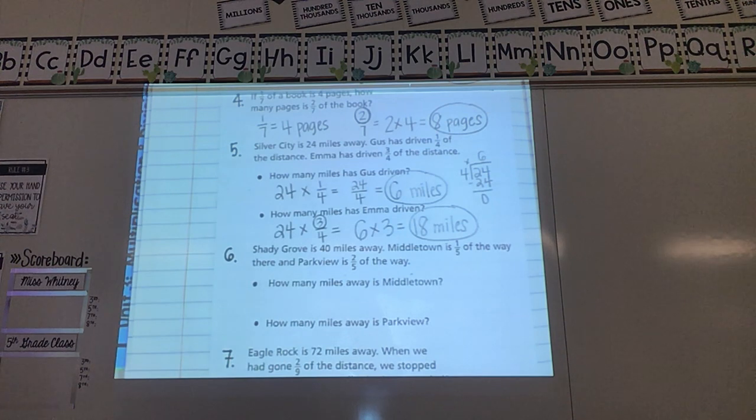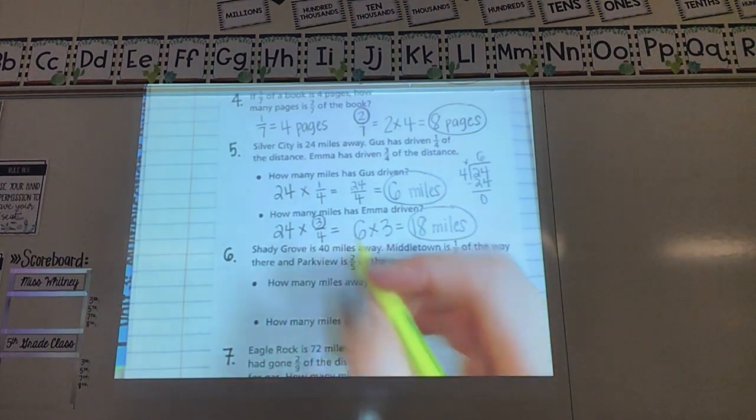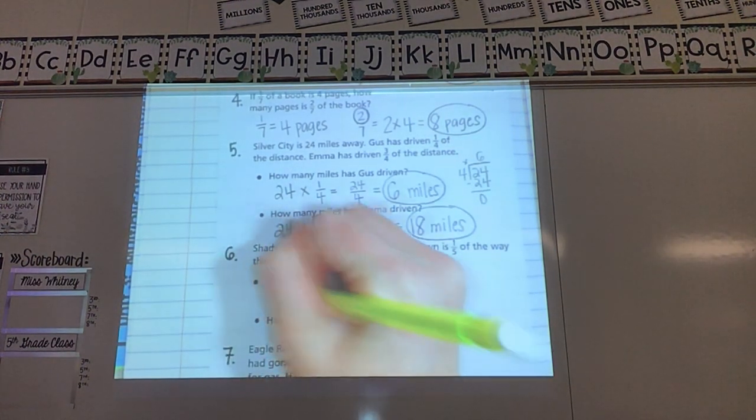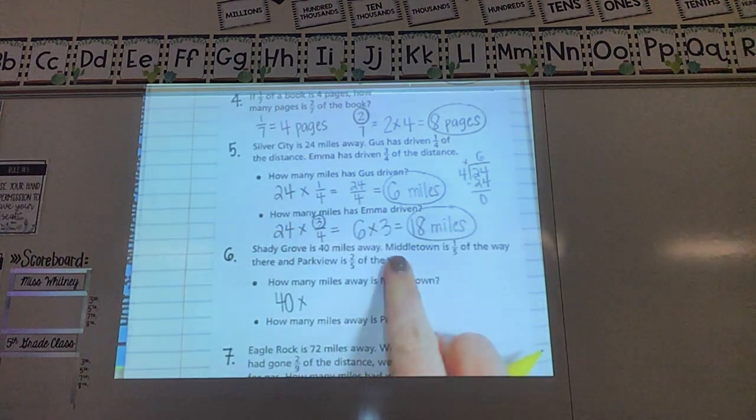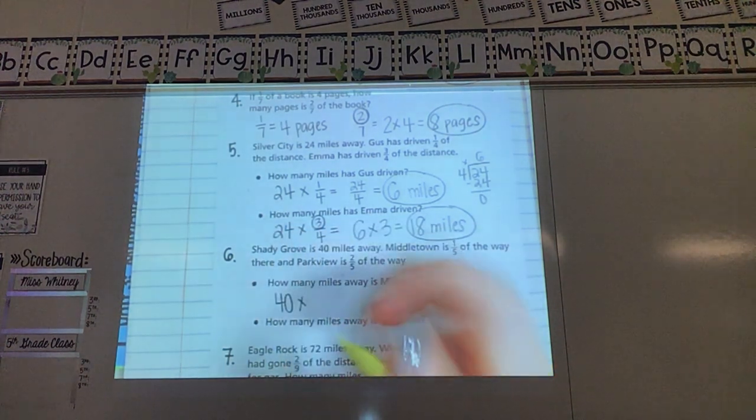Shady Grove is 40 miles away. Middletown is 1/5 of the way there, and Parkview is 2/5 of the way. How many miles away is Middletown? What am I going to do to figure out how many miles away Middletown is? Well, Shady Grove is 40 miles, so 40 times Middletown is 1/5 of the way.